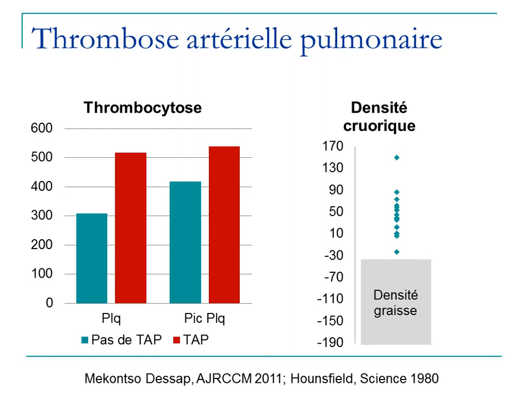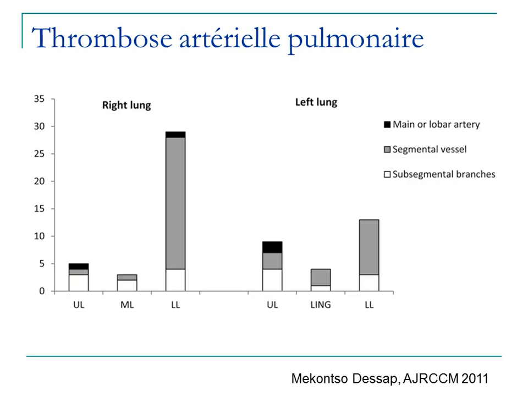When we look at the density of these thrombi, we see that it's probably of a cruoric nature, not greasy, because we're above 30 and outside of the traditional density area for greasy thrombi. And these thrombi have a topography that is similar to pulmonary consolidations, with a basal predominance.